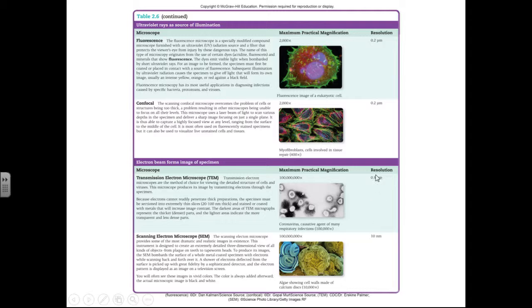A transmission microscope is going to blast electrons through the sample, and we look at how the electrons change as they move through the sample. And then a scanning electron microscope, instead of blasting electrons through the sample, it's going to bounce electrons off the top of the sample.